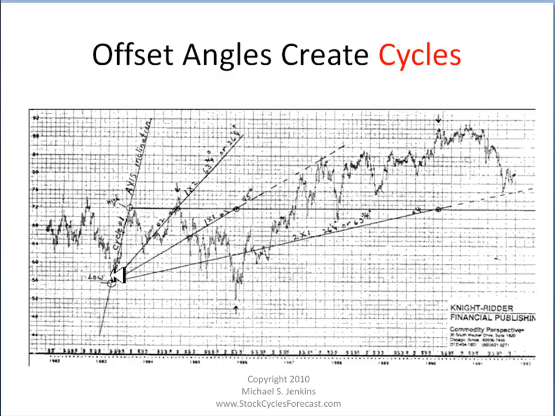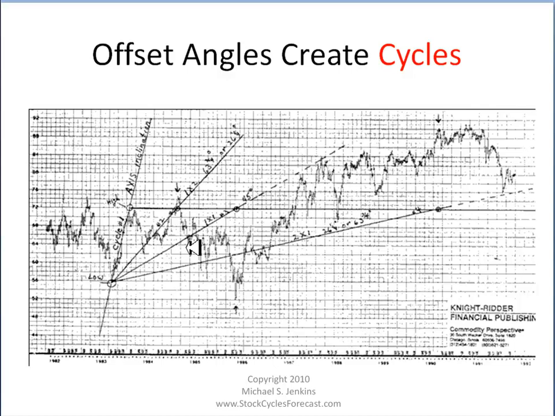We then offset our 2x1, 1x1, 1x2, etc. angles off here. We find something very amazing. We find that in the initial bull market, we have a little top, we bounce off our angle, we go around, and the bull market ends exactly where the 1x2 angle offsets this angle.